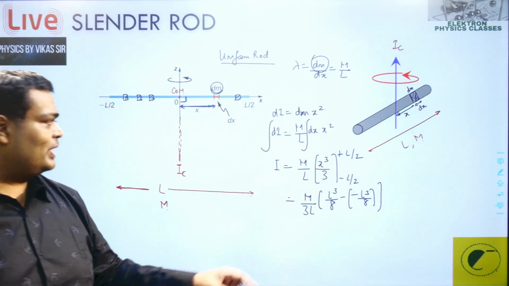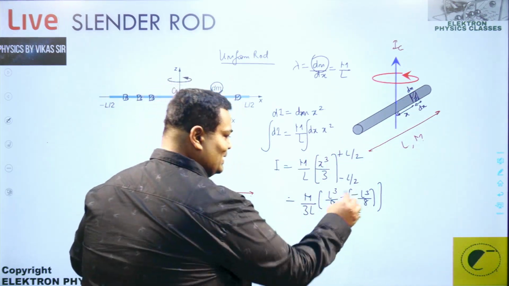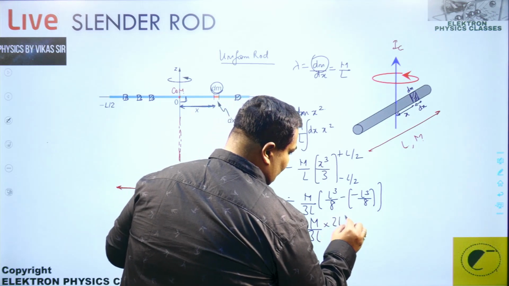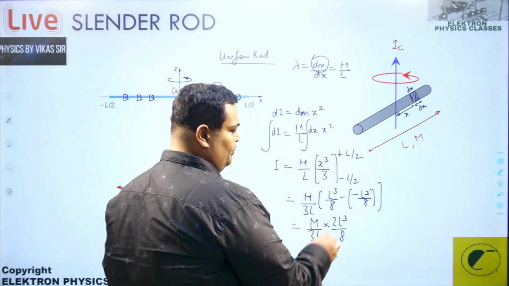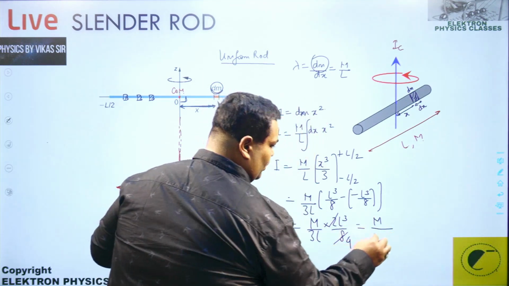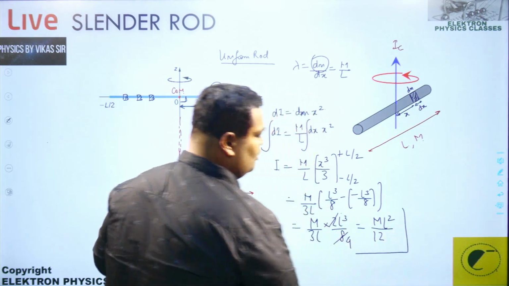So L by 2 cube minus of minus L by 2 cube. This gets added, don't subtract. It becomes twice L cube by 8. This cancels as 4, and that becomes m upon 3 and 4, 12. One of the L gets cancelled. We get L square. That's your moment of inertia.